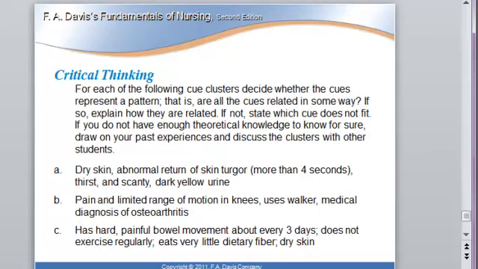Towards the end of your book, on page 74, it goes over a three-part statement with your problem, your etiology, and your symptoms, and that's basically what you're going to be using as you define and diagnose your patients based on your assessment.